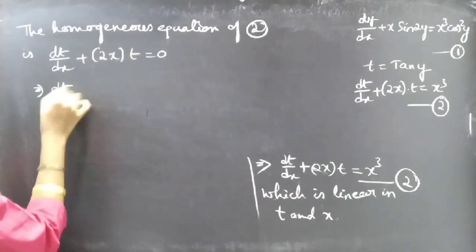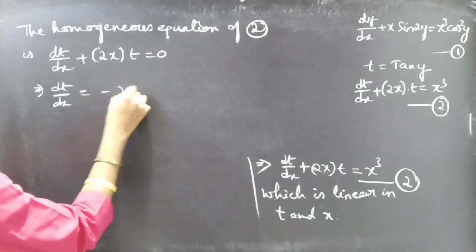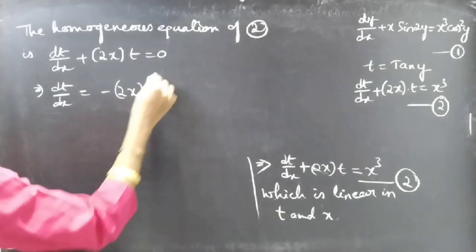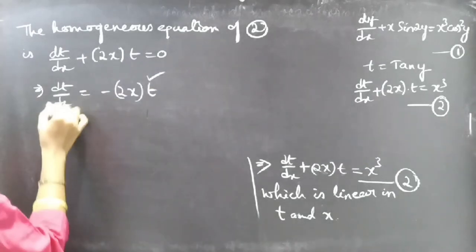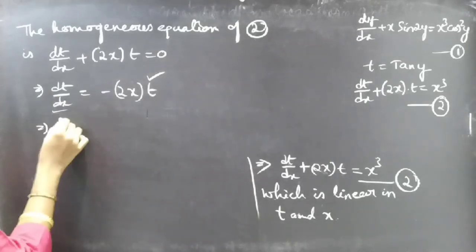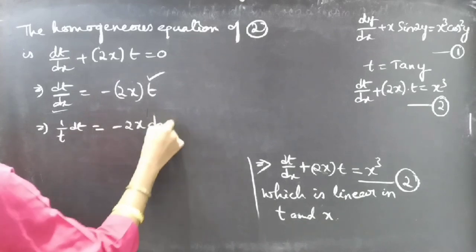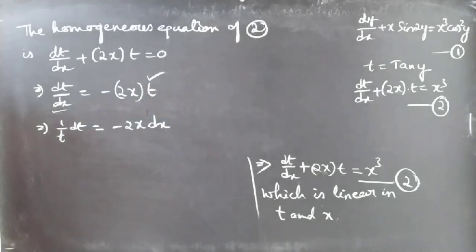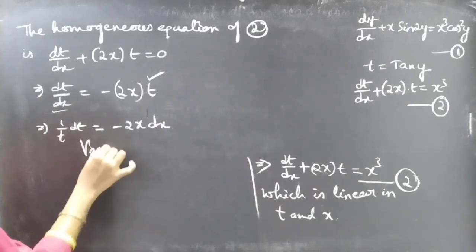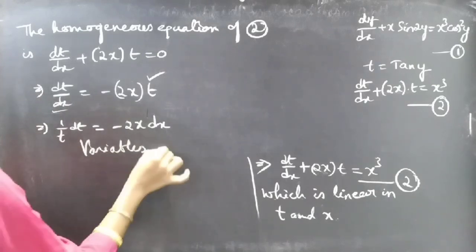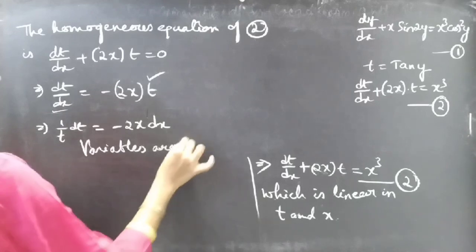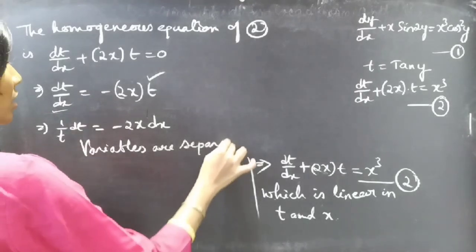Then we'll get dt by dx equals to minus 2x into t. Now bring this t to LHS and take the differential dx to RHS. Then we'll get 1 by t dt equal to minus 2x dx. Now the variables are separable. We can perform integration.